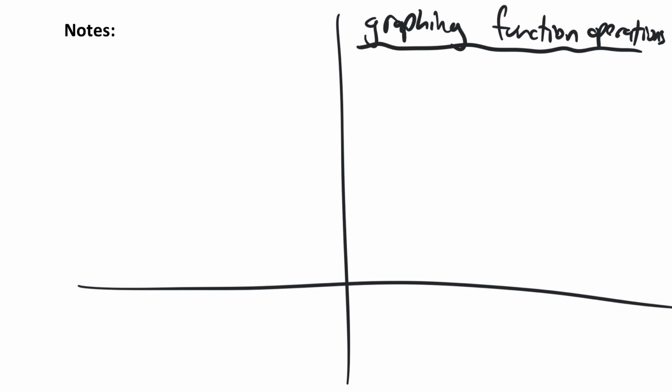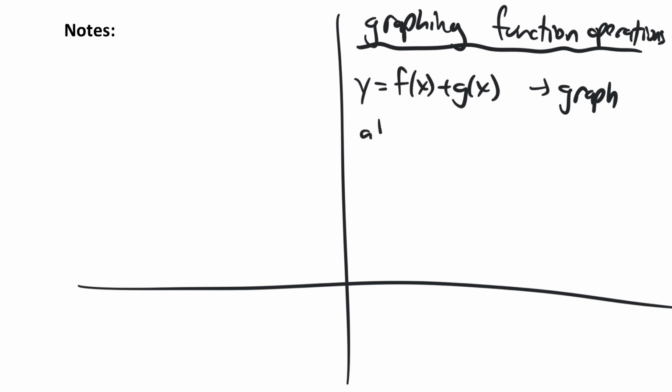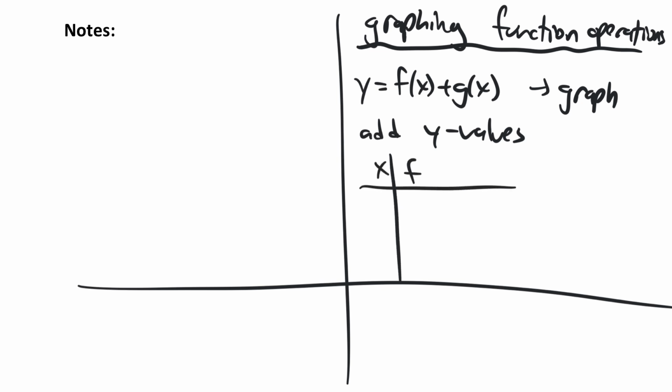And the basic idea here is if you have y equals f(x) plus g(x), and you have to graph it, the basic approach is you add y values. And if it was subtract, you subtract the y values. The best way to do it is in a table with x, f(x), g(x), and then your final thing, maybe f plus g of x.